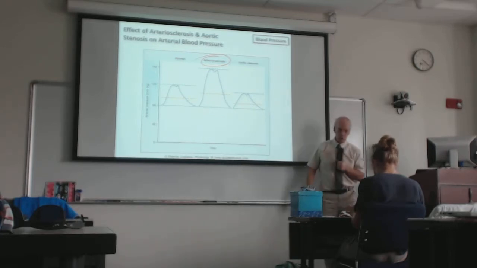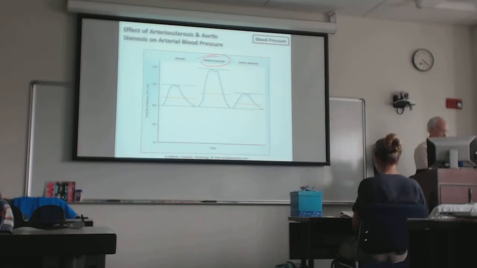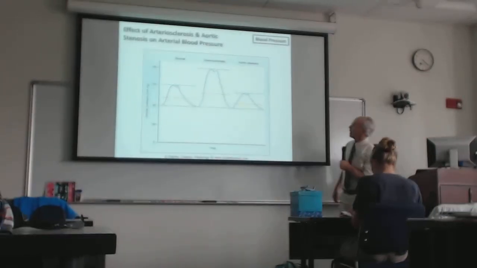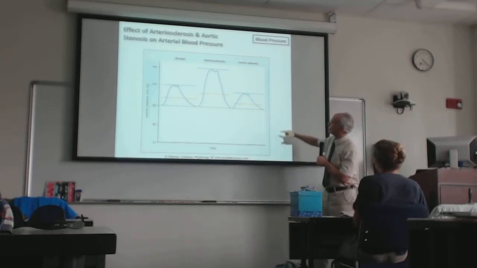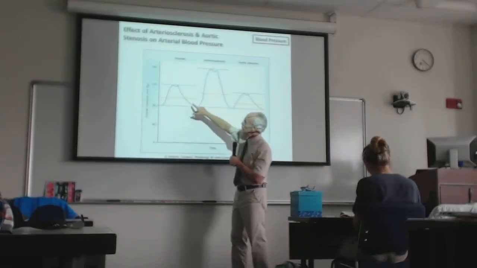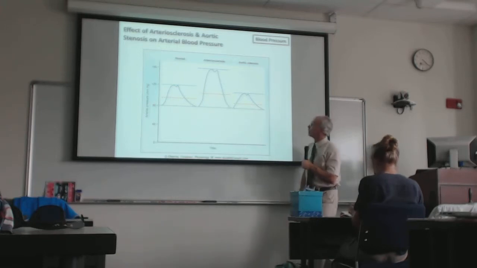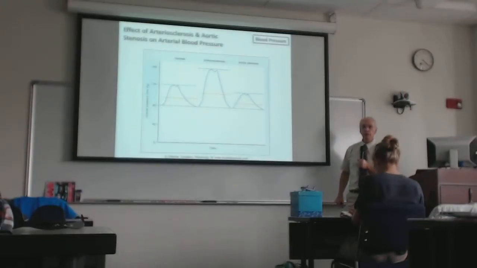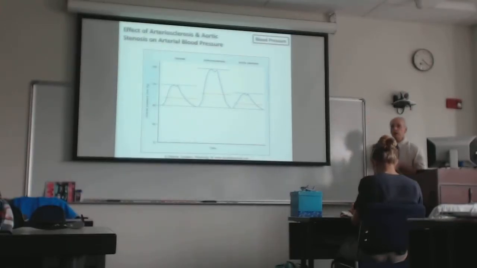What about over here in aortic stenosis? What is aortic stenosis? Narrowing of the aorta. And so what is the effect there relative to normal, and why? Somebody explain that to me. Decrease in pressure because you're losing flow. I think that's the best way to express it.